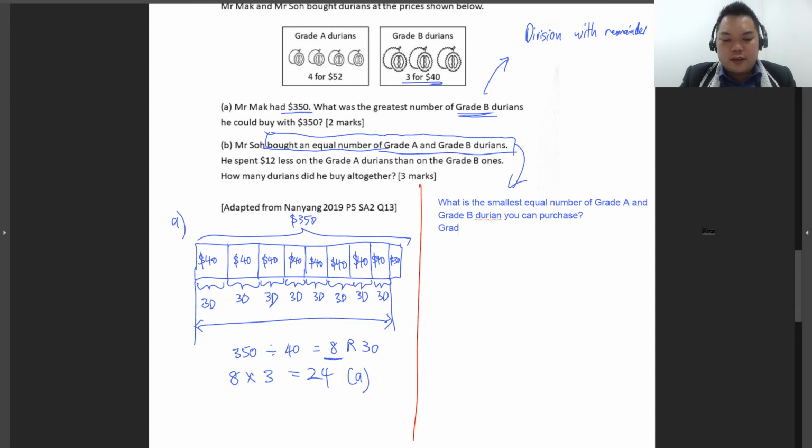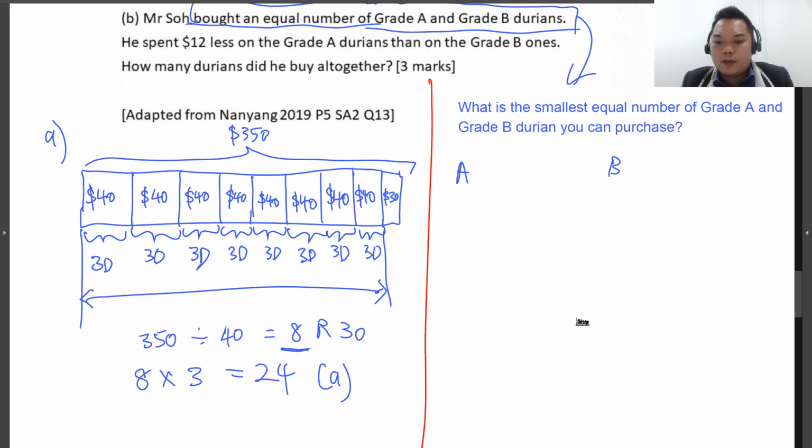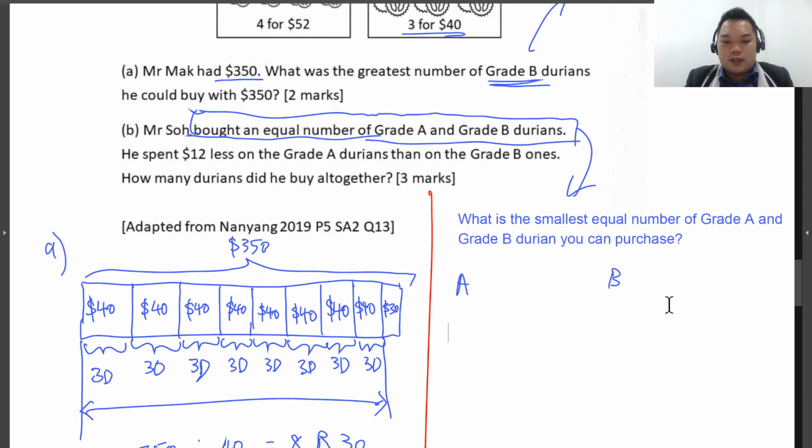So for grade A, think of it this way. Yeah, so for grade A, grade B, you have 4. Maybe I type it out because it's a lot neater that way. So for grade A, it's selling for $52.